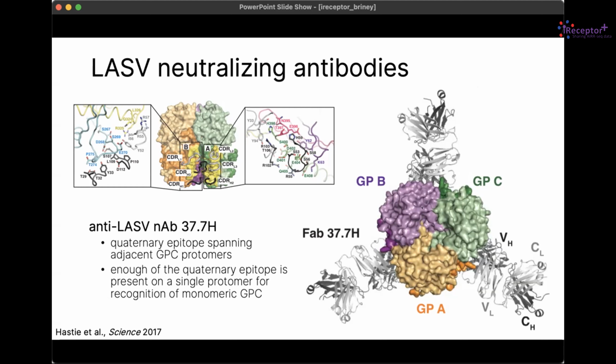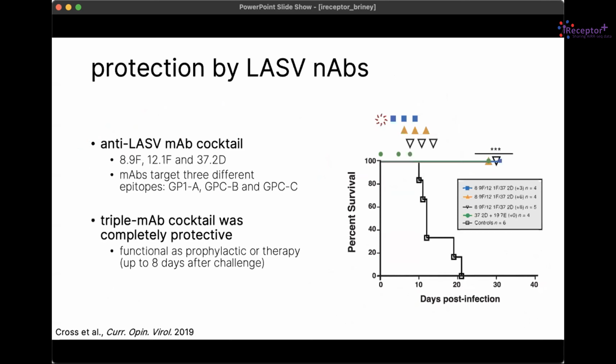Interestingly, when this structure was generated, the GP construct that was used was a monomer, and the antibody itself actually forces the monomeric GP into the trimeric form. So the antibody stabilizes the trimeric form, at least in this crystal structure.